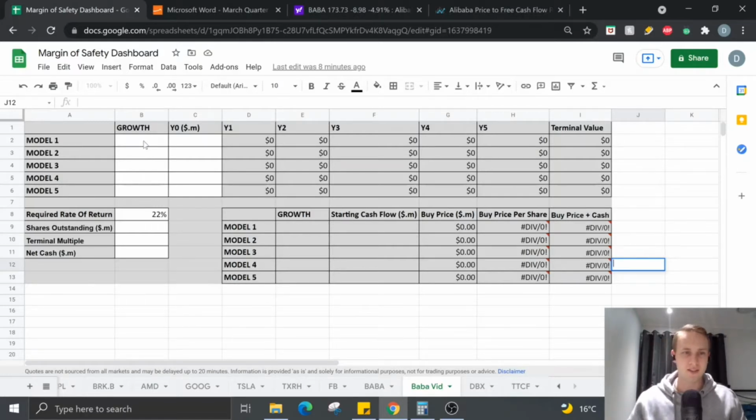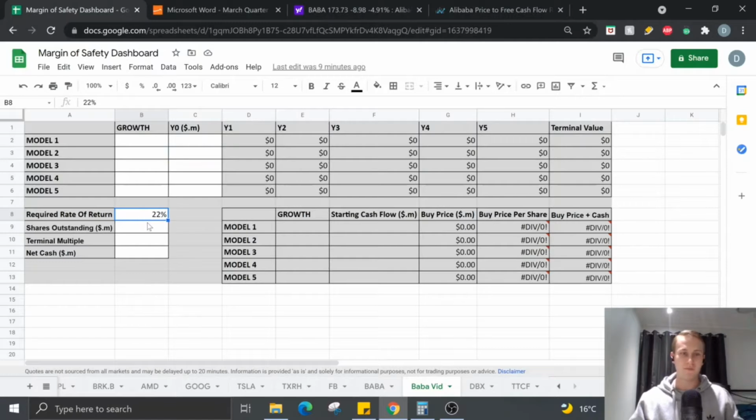We're going to select 5 different growth values that we expect Alibaba could achieve over the next 5 years. Then, in this column, we're going to enter our free cash flow value for the previous year. This is what we're going to grow out into the future.